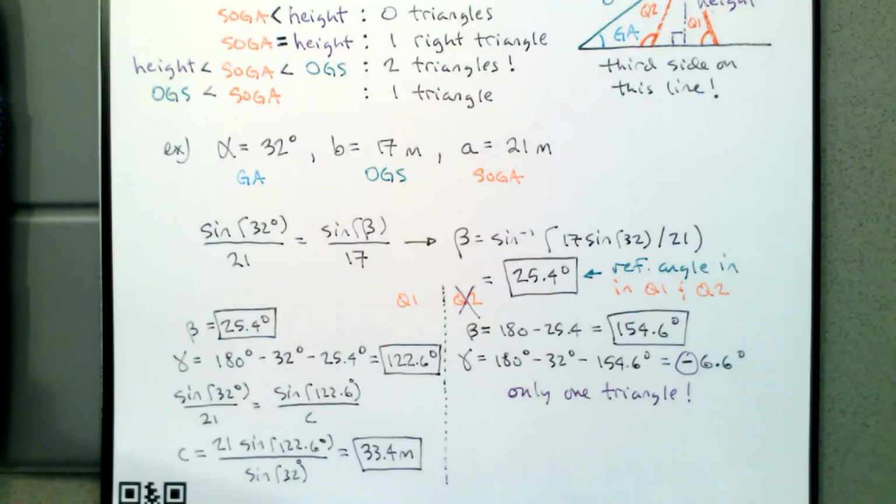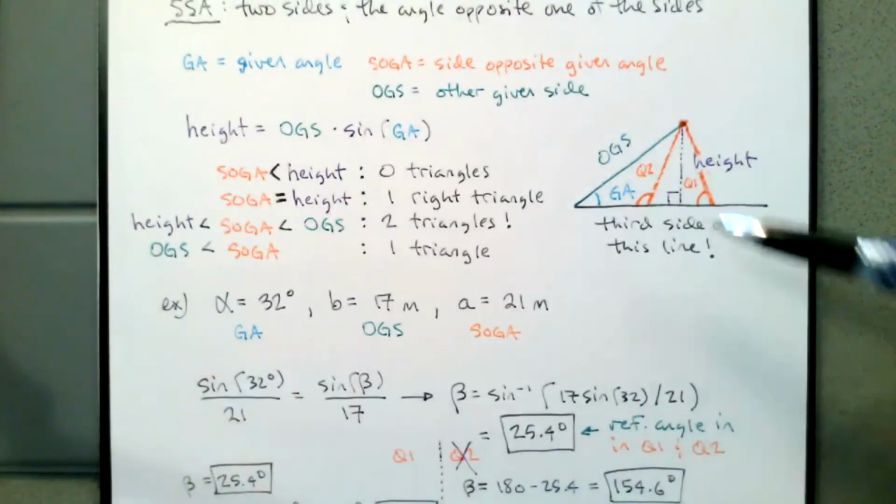In particular, we have to do a sine inverse and come up with that first angle that we find. It has to come out to 90 degrees, because that first angle is the one in this corner.